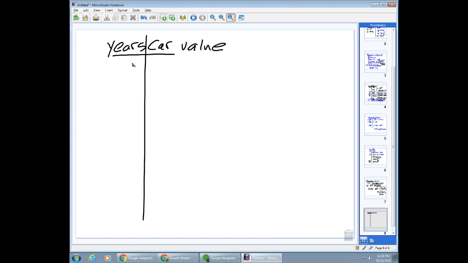When we start out, let's say we had a $15,000 car. After 1 year, it's going to be worth what percent of its original value? 92%. Yeah, so to get the answer, I just take my 15,000 and multiply by my 92% as a decimal, and out pops the actual value of the car after a year.